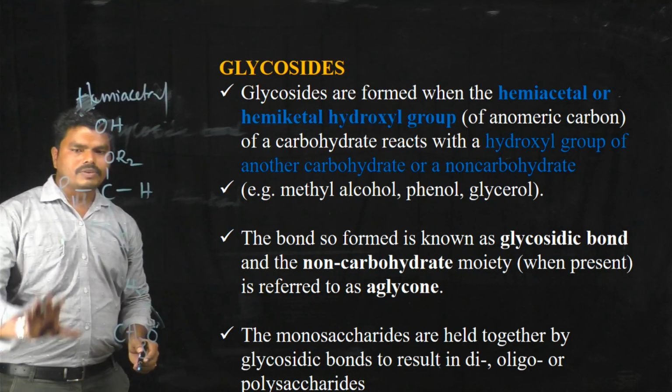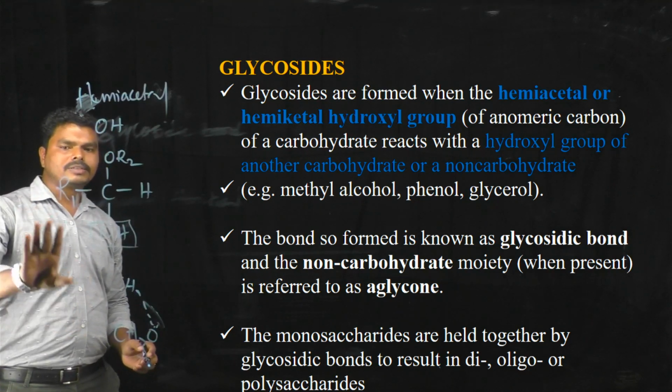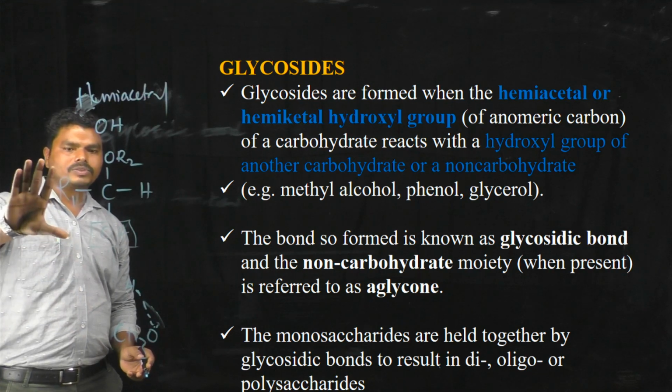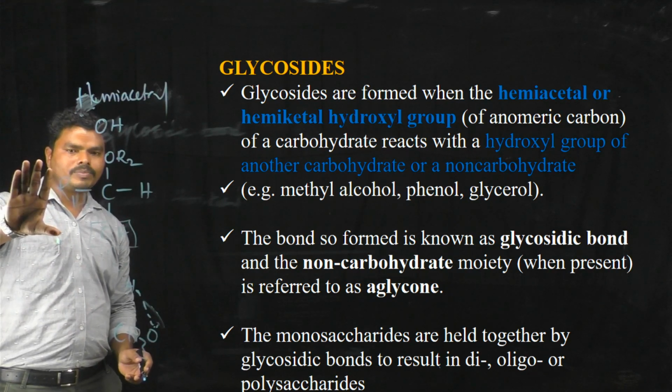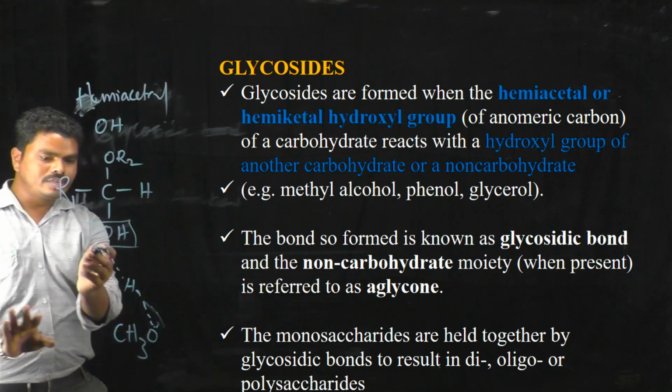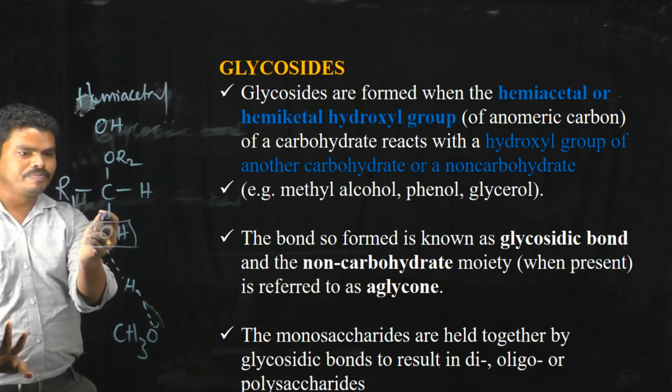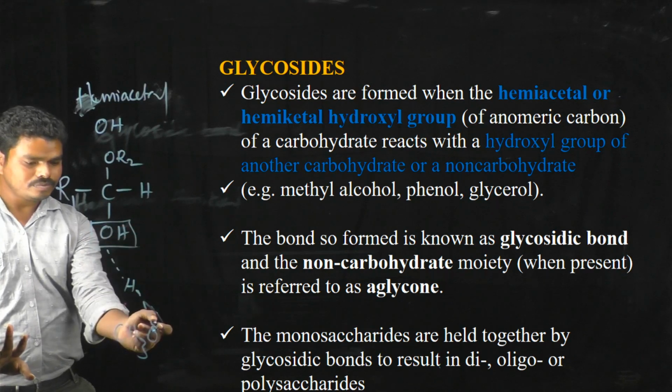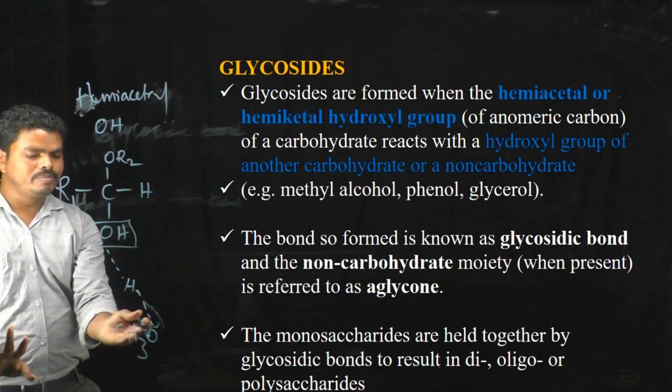Consider the glycoside is like this. One part is the carbohydrate moiety and another part is the non-carbohydrate moiety, and there is a glycosidic bond present between the hemiacetal OH group and the OH group of the methyl alcohol.